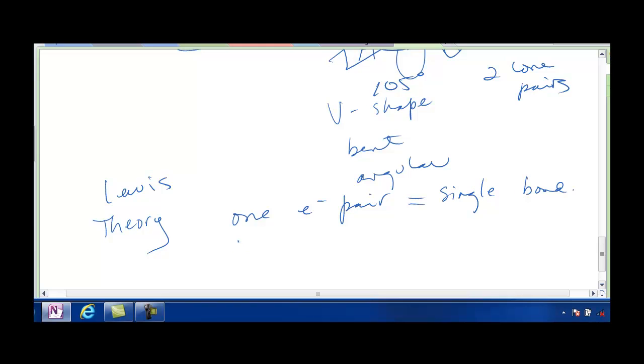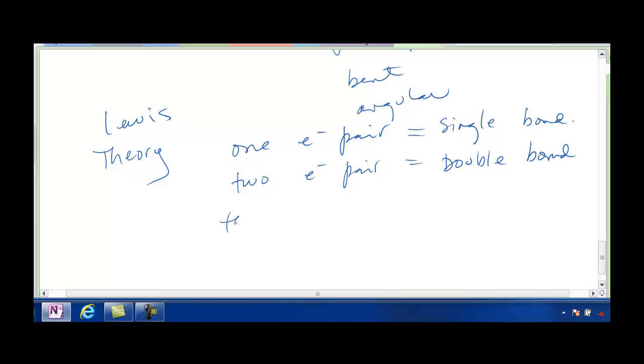What about 2 electron pairs? A double covalent bond. What about 3 electron pairs? A triple covalent bond.